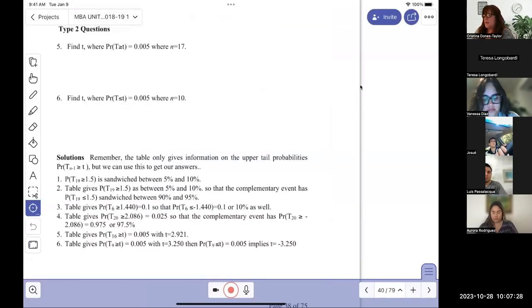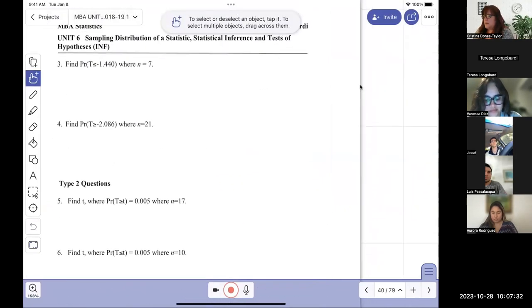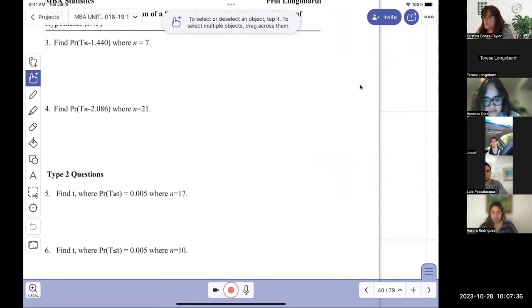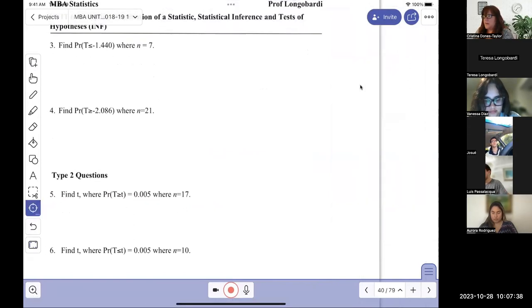All right, let's do the next one. All right, so now we're going to go into the negatives. Now the negatives are not there on the chart.